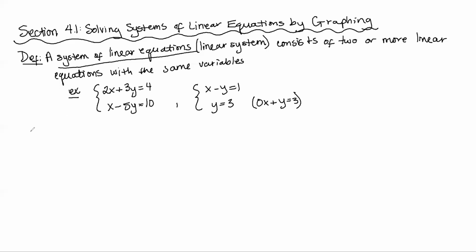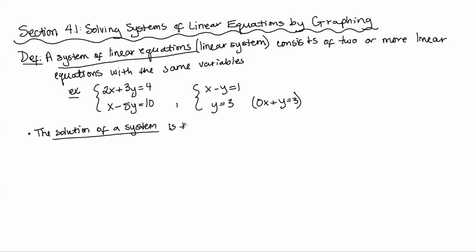And so when we're solving these, the solution of a system, and this is why graphing is a good method to look at first, because you can really see why we're checking or solving in the specific way.